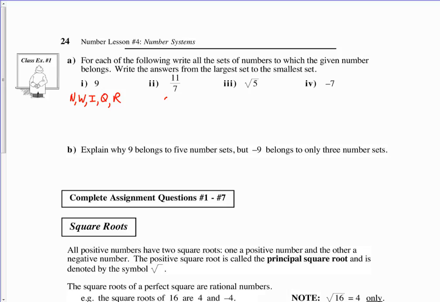Why is it rational? What's the definition of rational? Can it be written as a fraction? It is a fraction. So therefore, it can be written as a fraction, a over b, because it is a fraction. So yes, it's rational, because by definition, it fits perfectly.